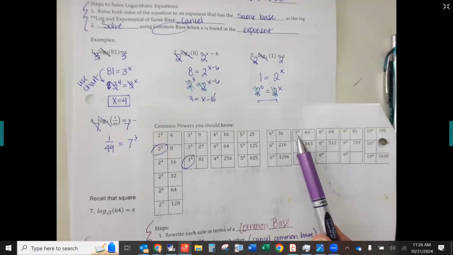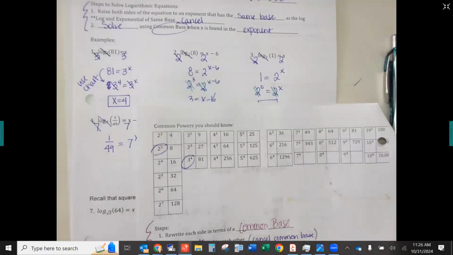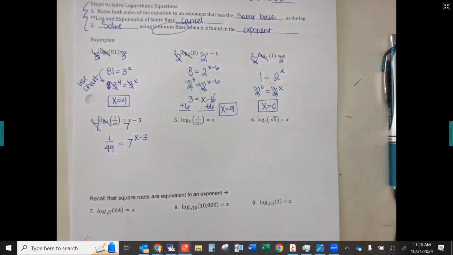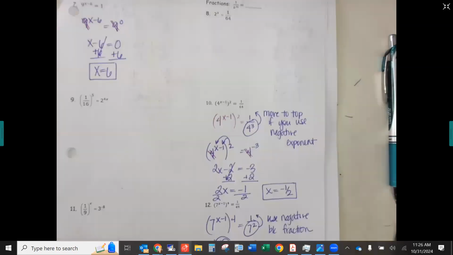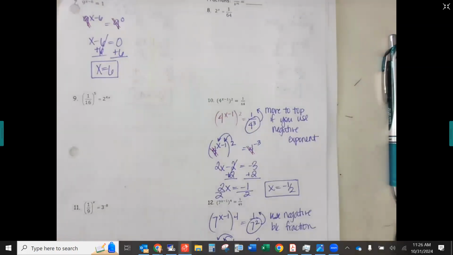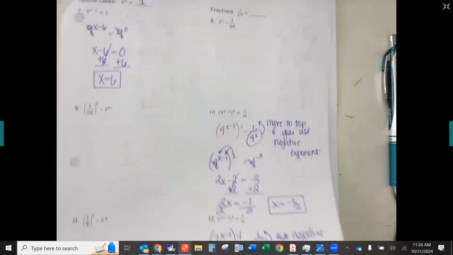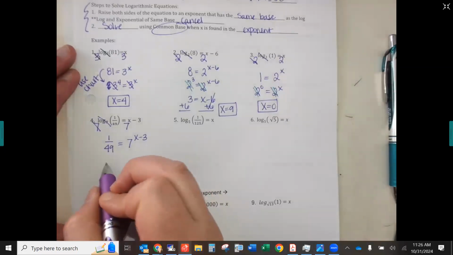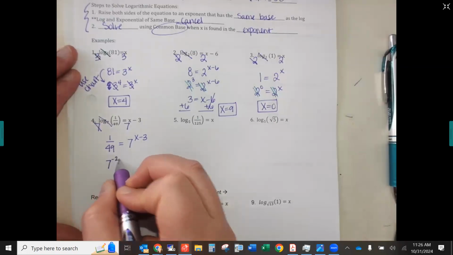Now look back at your notes on the same page you were looking at before. What do I do to my exponent if it's in a fraction and I want to move it up? Okay, very good. If you want to move your exponent off the bottom, if it's a fraction, you're going to use a negative on it. So instead of me putting 7 squared, I'm going to put 7 to the negative 2.